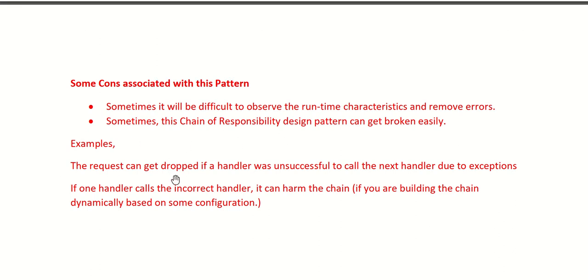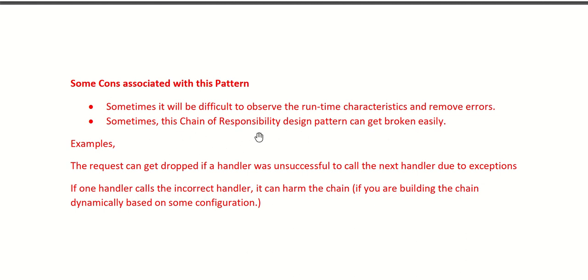So the request can get dropped if a handler was unsuccessful in calling the next handler due to exceptions. Whenever some exception takes place, your program will exit. If you are doing proper exception handling, you go to your exception block and come out of your program, because when your current handler itself was not able to process the request properly, there is no point in calling the next handler from your catch block.